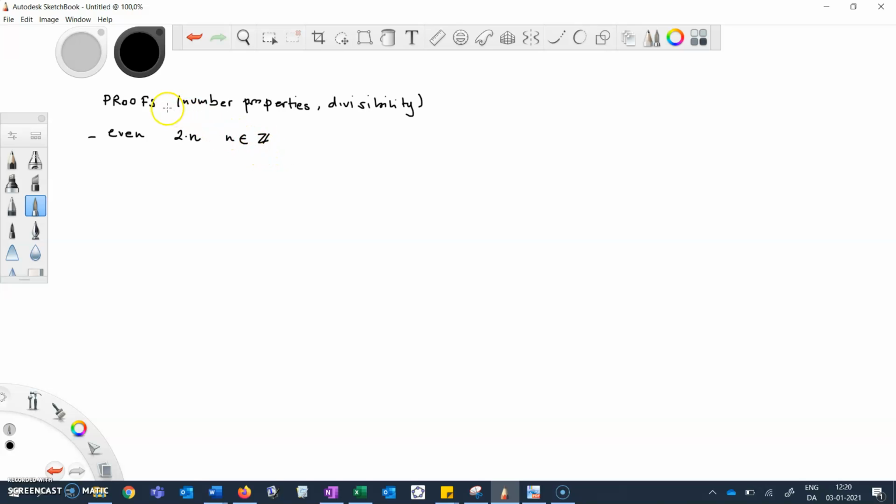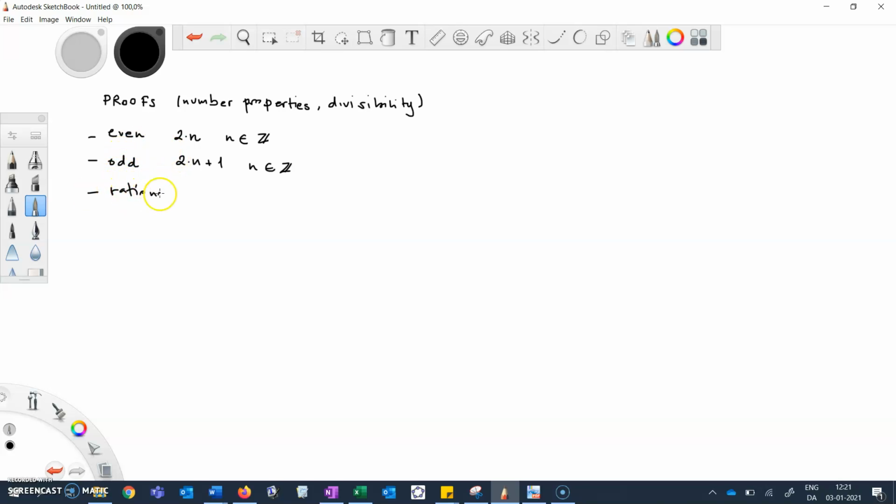An odd number, oppositely, can be defined as 2 times n plus 1. Maybe you know this already, but these definitions are going to be useful when we are going to prove some statement. Another thing that is important is what is a rational number.